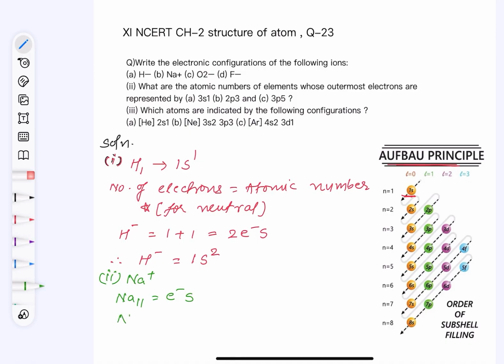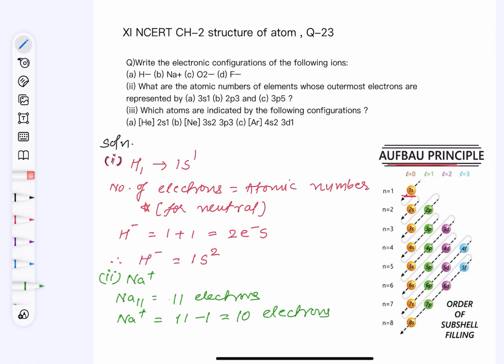Now when we talk about Na plus, plus indicates one electron is lost. So you will have 11 minus 1. So Na plus has 10 electrons.